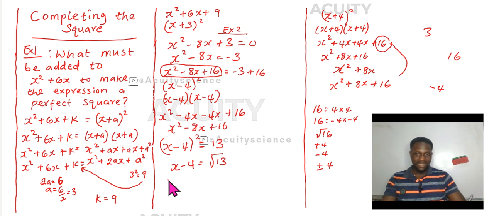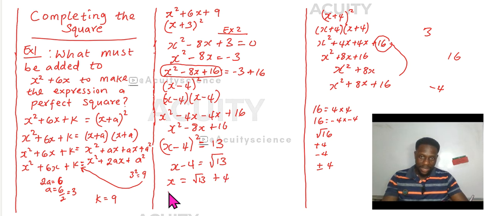When you take the 4 across, it becomes plus. So x can be equal to the positive value of square root of 13 plus 4, or the negative value of square root of 13 plus 4. So these are the two possible answers for x.